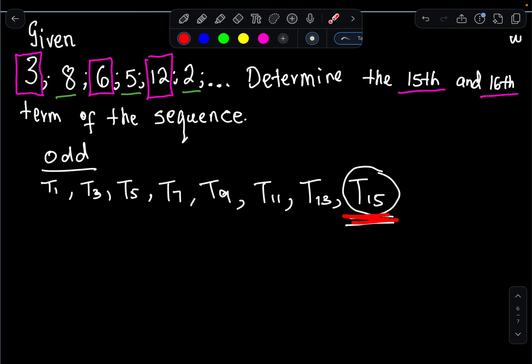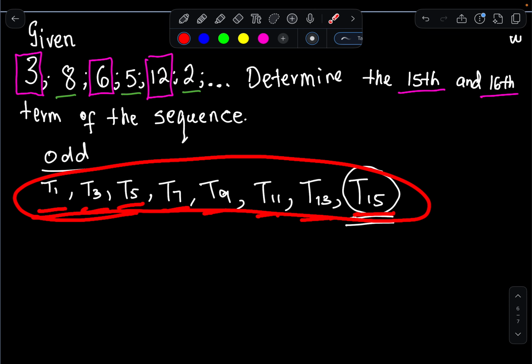So term 15 is basically term 8 of the odd pattern. Term 15 of the sequence is basically term 8 of the odd, because the odd is just taking term 1, term 3, term 5, term 7, term 9, term 11, term 13, and term 15. But those are 8 terms in total.